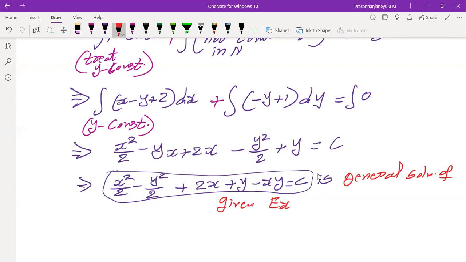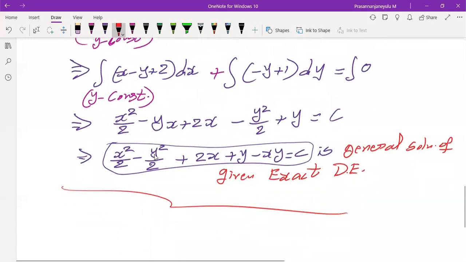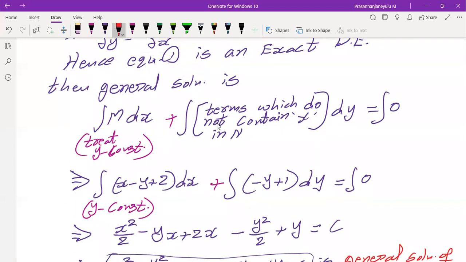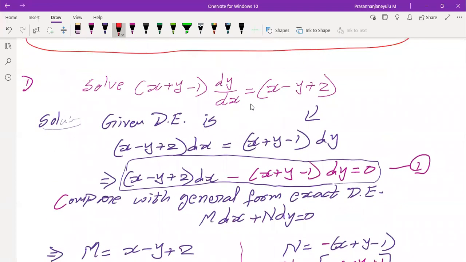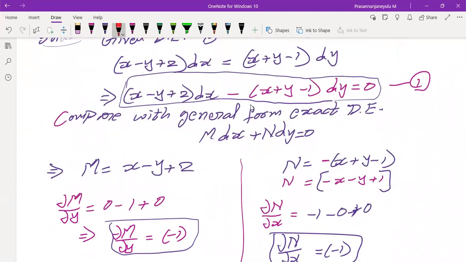Okay, so this is the procedure. The only thing is, in the first term, y should be constant. In the second term, take the terms which do not contain x in the n function. And a very important point is to remember the formula. The general form is m dx plus n dy.